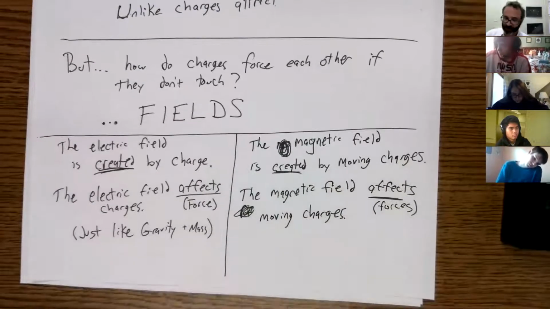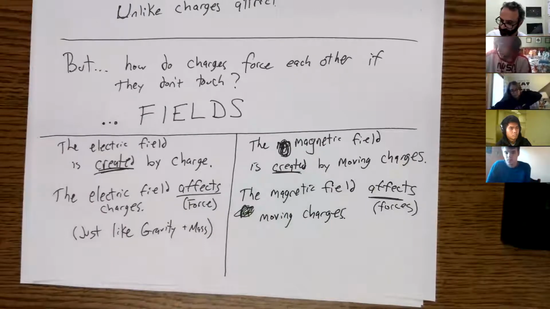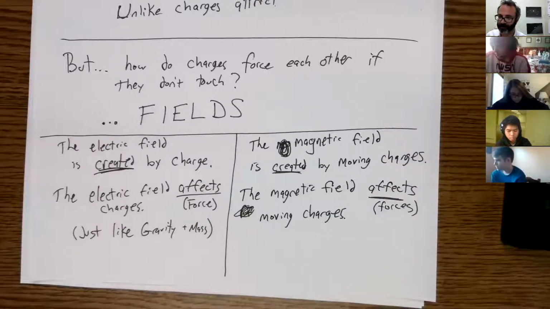So a moving charge, if there's a magnetic field there, is going to feel a force from that magnetic field. If a charge isn't moving and there's a magnetic field around, doesn't matter. Magnetic field is only created by moving charges, and it only affects moving charges. That's really the only difference between electric and magnetic fields.